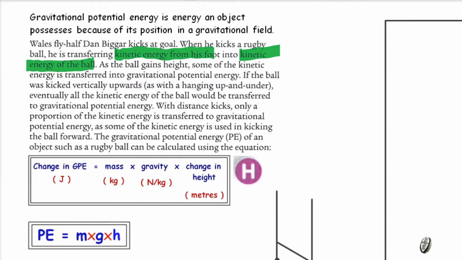As the ball gains height, some of the kinetic energy is transferred into gravitational potential energy. If the ball was kicked vertically upwards, as with a hang up and under, that's where the ball goes straight up and straight back down, eventually all the kinetic energy of the ball would be transferred to gravitational potential energy.